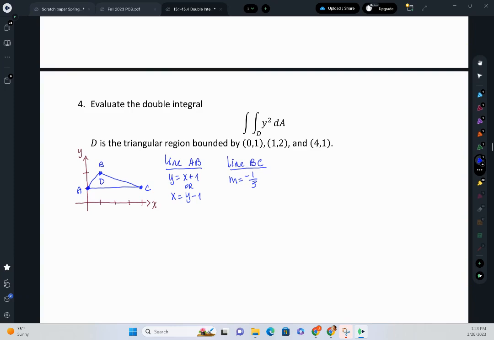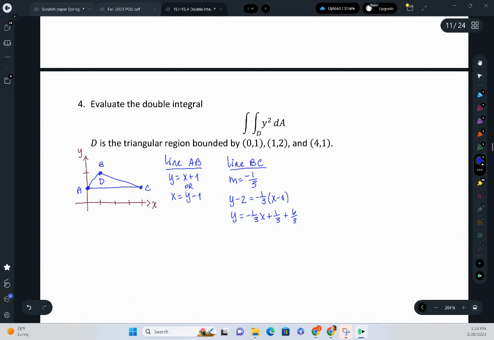But then I need to use the point slope form of the line to come up with my y-intercept. I don't know what that is. So I'll use the point, let's see, I can use (1, 2), or (4, 1). I'll use (1, 2). y minus 2 is equal to negative 1/3 times (x minus 1). So y is equal to negative 1/3 x plus 1/3 plus 6/3.